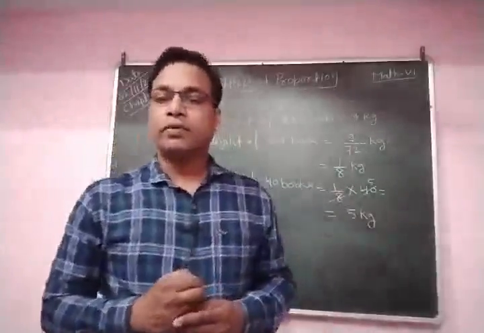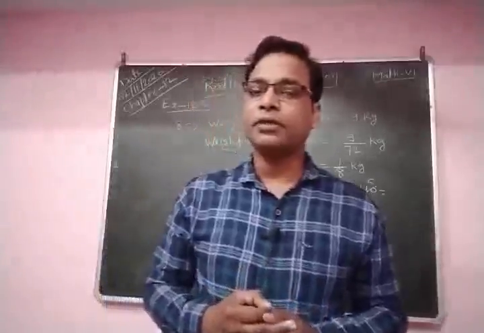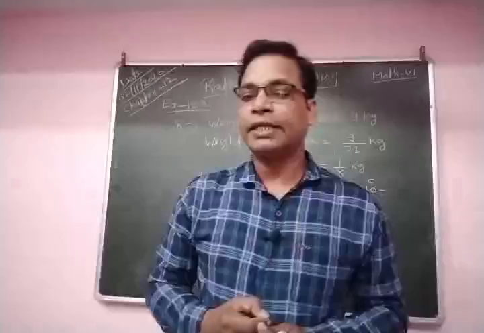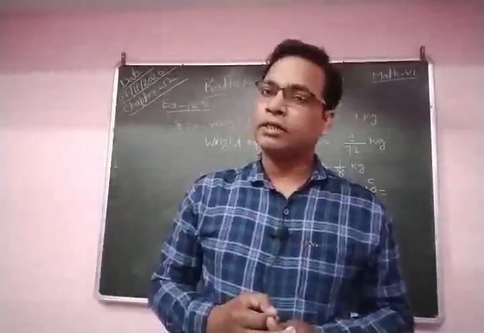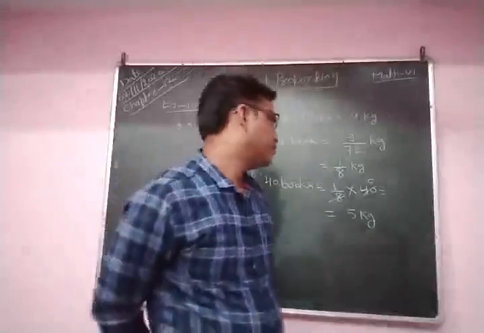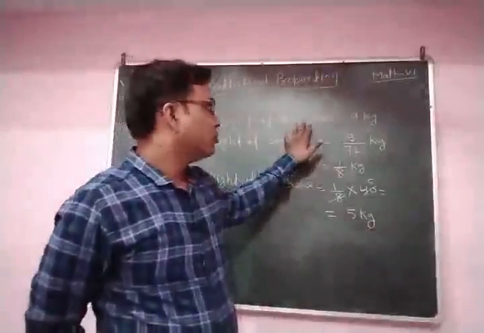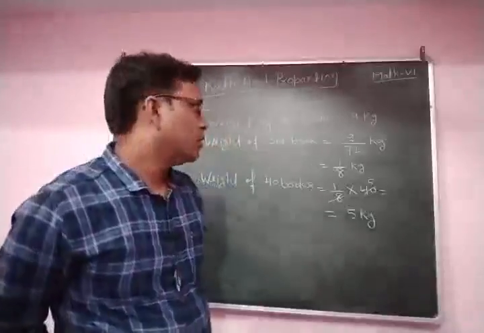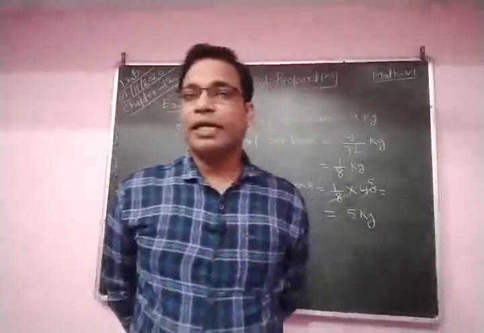Okay, so I again discuss this question. I read the question. The weight of 72 books is given as 9 kg. So what is the weight of 40 such books? For this, we write here the weight of 72 books is 9 kg. So first we find the weight of one book. So 9 by 72, we know very well 9 eights are 72.